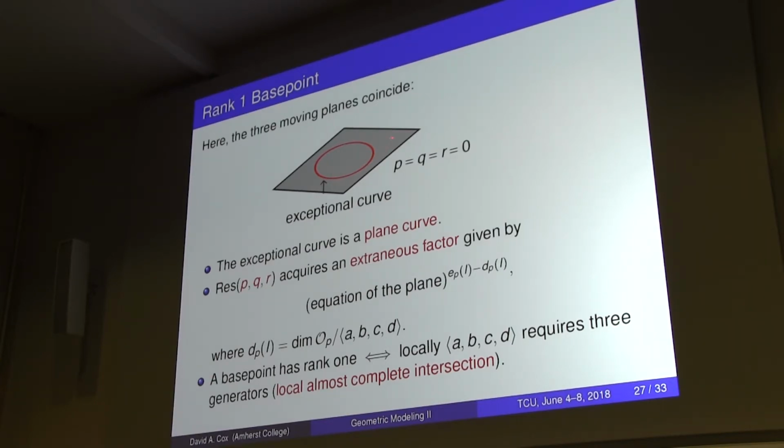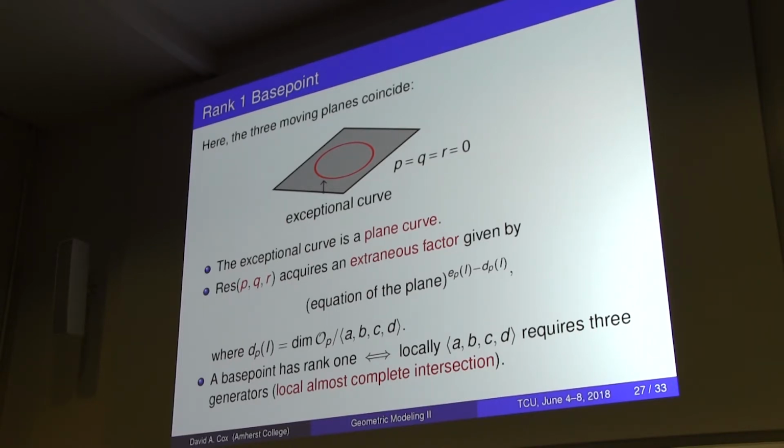But what happens is that any point in this whole plane makes these guys vanish. That means the resultant vanishes on this entire plane. So if I take the equation of the plane, this is going to be a factor of the resultant.